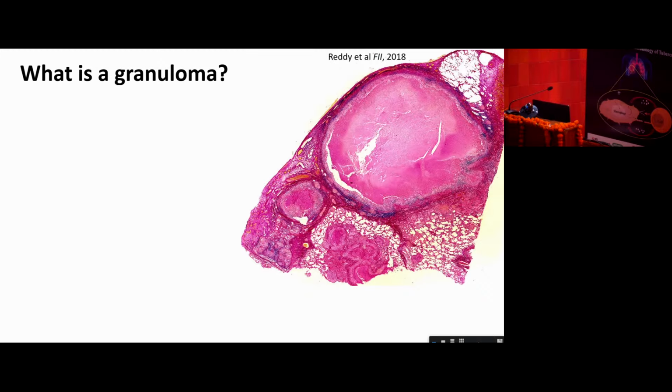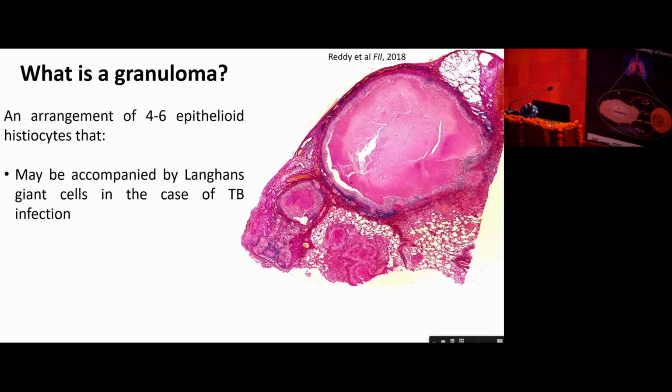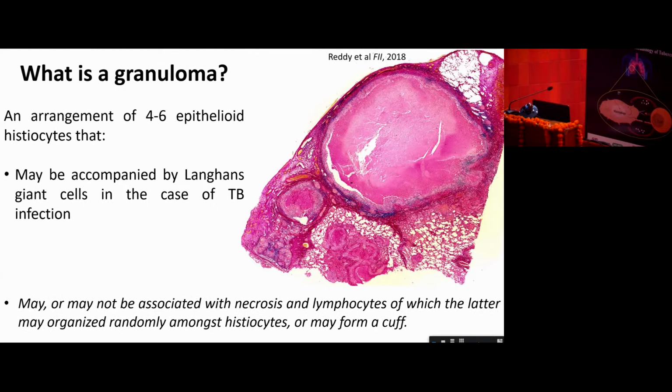We see this very characteristic caseous necrotic lesion. But the typical pathological definition of a granuloma is an arrangement of epithelioid histiocytes that may or may not be accompanied by Langhans giant cells, and they may or may not be associated with necrosis, and lymphocytes, which may organize randomly amongst histiocytes, or may form a cuff. So there's a formal pathological definition for a granuloma.